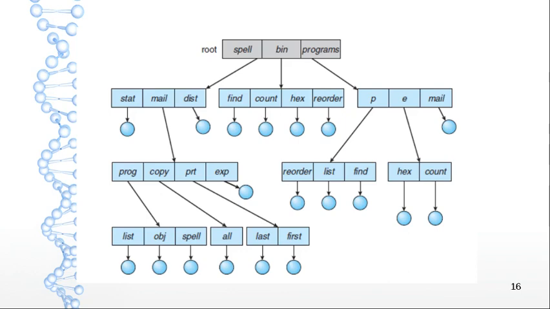In other words, the tree-structured directory is the extension of the two-level directory. Again, users can create their own subdirectories and organize their files accordingly. This is actually much better, because there is good keeping of files.